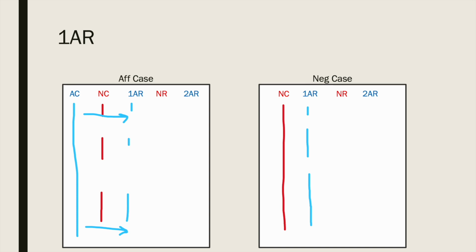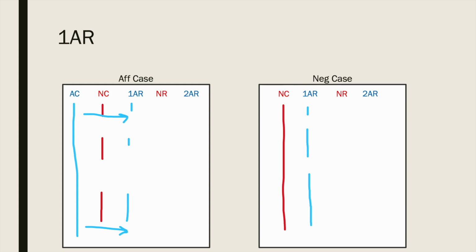And make sure that you are keeping track of what gets extended and what does not get extended. Because remember, a rule of thumb in debate is that the judge only votes on impacts that are extended through to the final speech. So if, in this example, this middle area of the AF case doesn't get extended, the AF pretty much has accepted the fact that they're not going to win off of that argument.